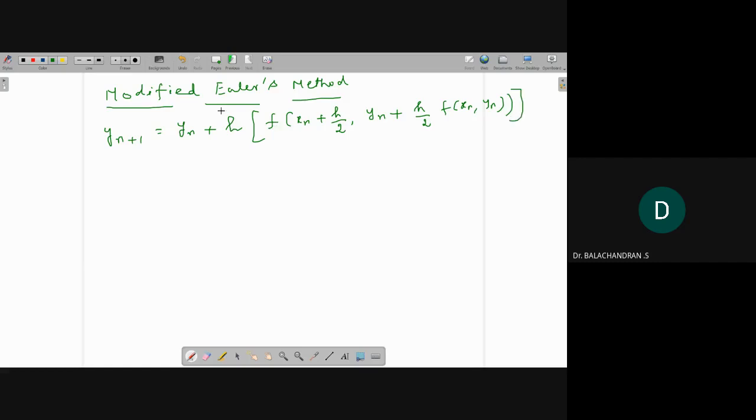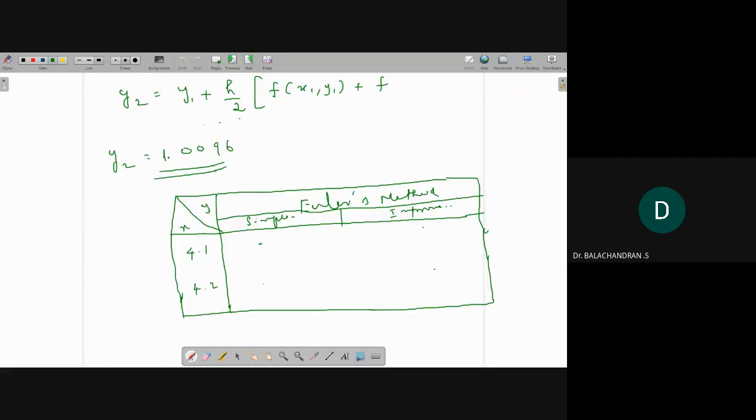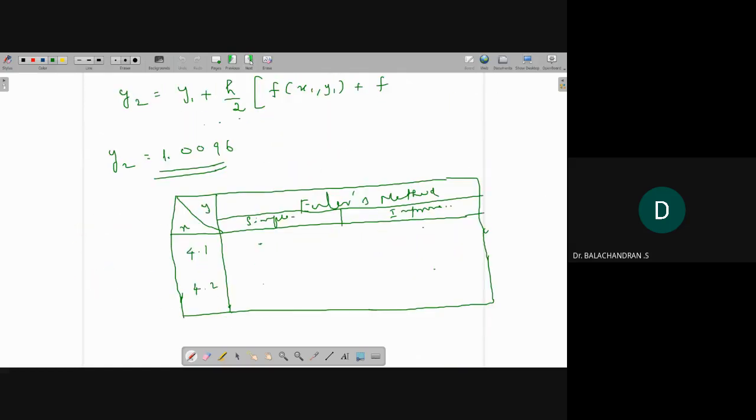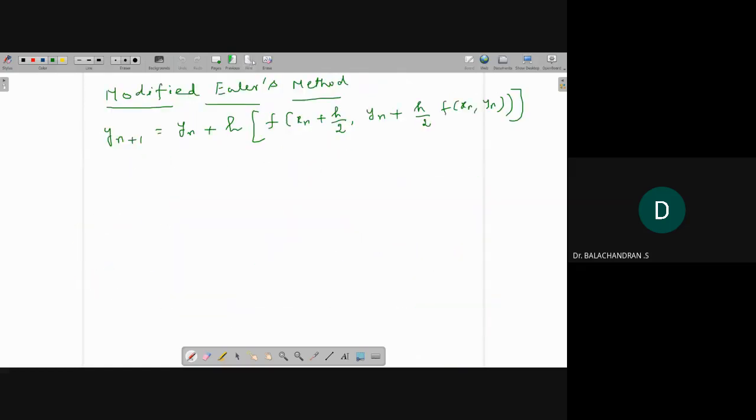So this is the formula. You can try the same problem, problem number 3, for the modified Euler method. Here I solved only Euler's method and improved Euler method. You will try when you have free time, and you can check the answer coming Friday second hour. Instead of yesterday, I didn't take the class, so I am going to take Friday second hour.